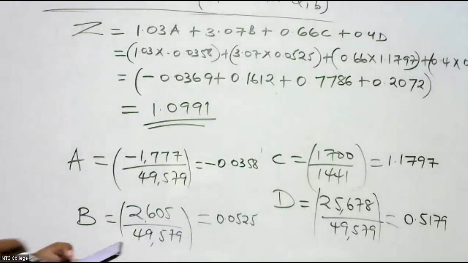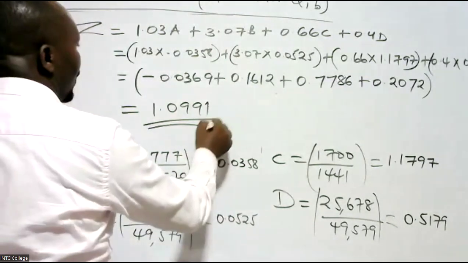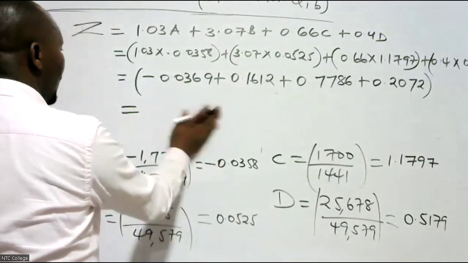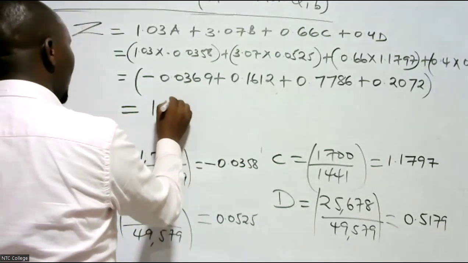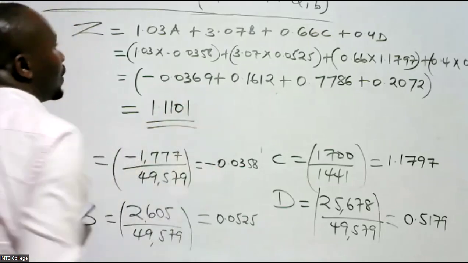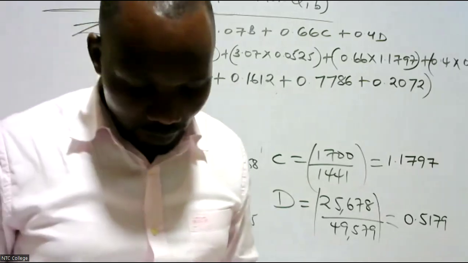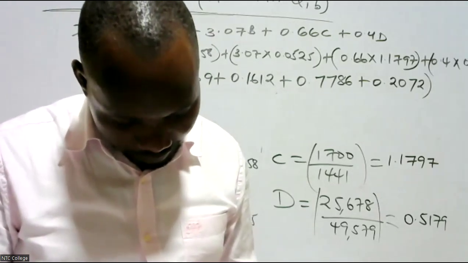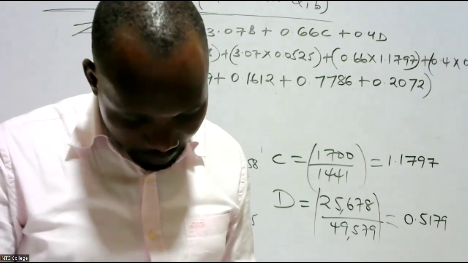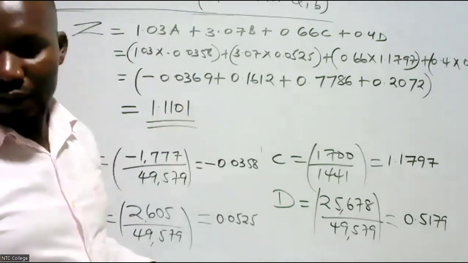I'm getting a different answer. So where am I getting it wrong? Mine is 1.110801. Now that depends on the accuracy level, so you can check if the figures were accurate. Because I'm using my phone. You refuse to give me the figures, so I'm using my phone and that is what I could get.